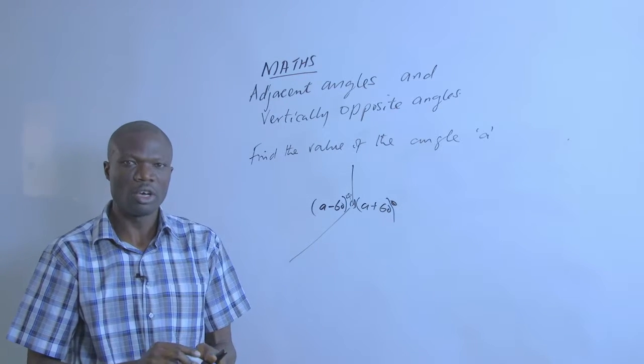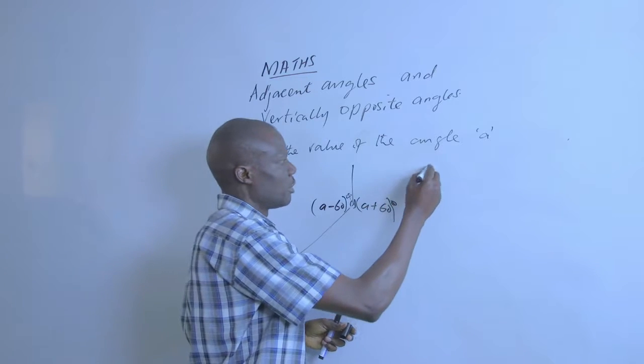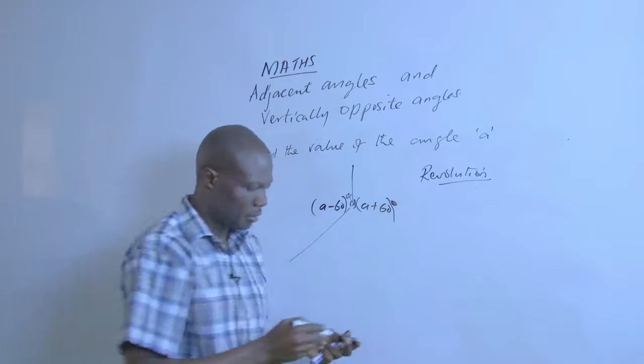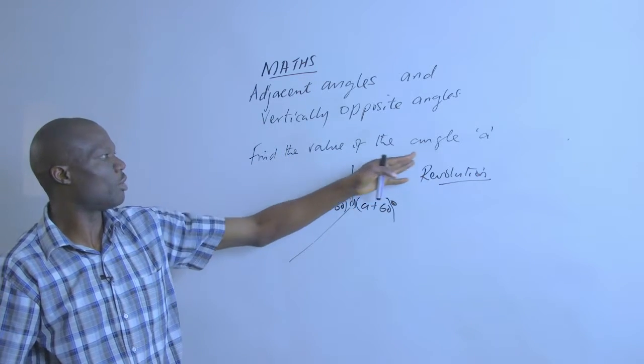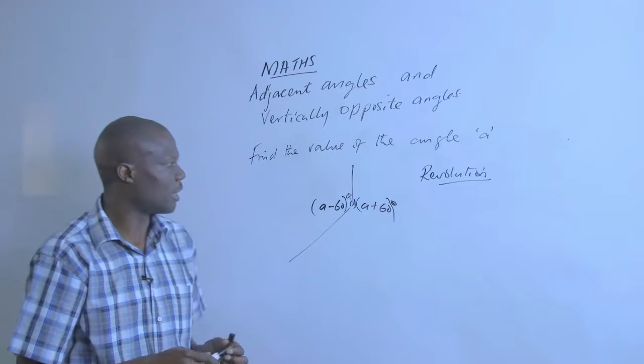So the two angles form a revolution. The question is, find the value of A. That is what we are supposed to calculate and find.